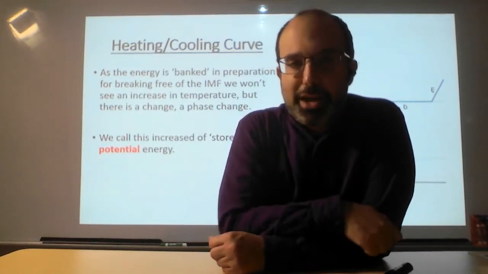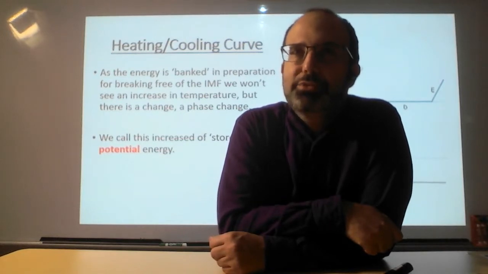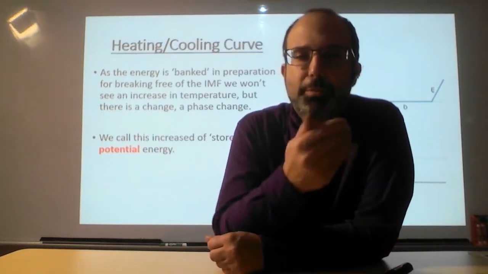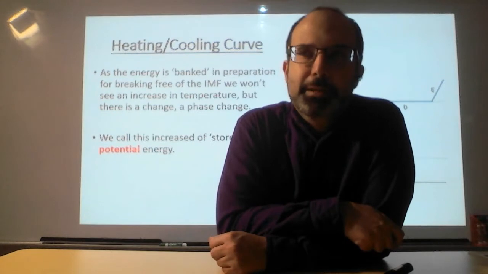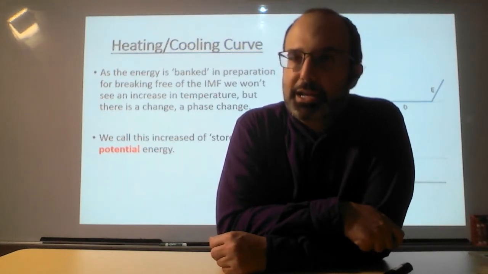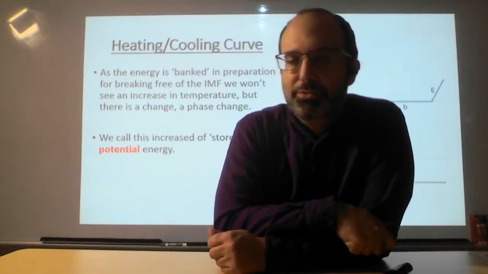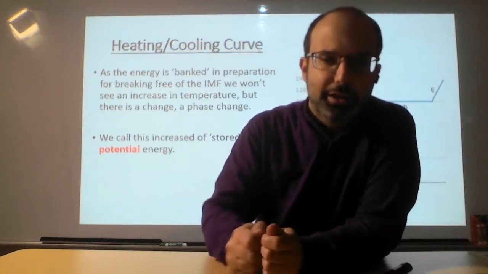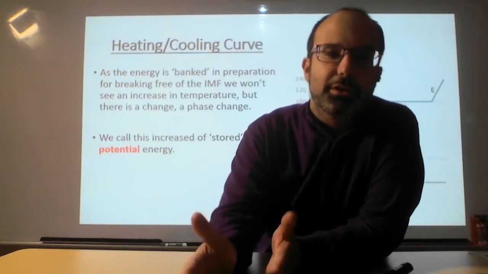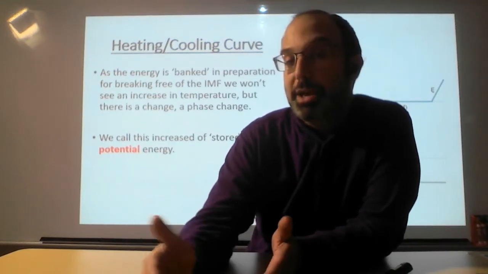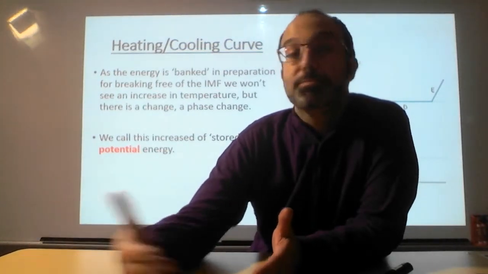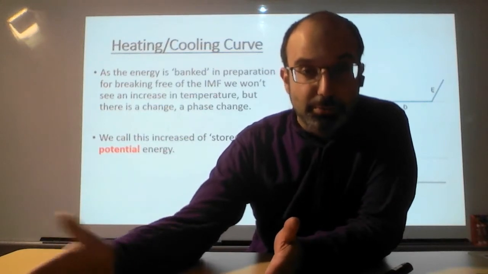Now, the reason they have to bank all this money is because breaking free of the intermolecular forces is kind of like paying down a debt. Like you owe me $10. So every day you give me $1 until finally you've paid off all the money you owe me, and then any other money you make is free for you to use, free for the particles to move.